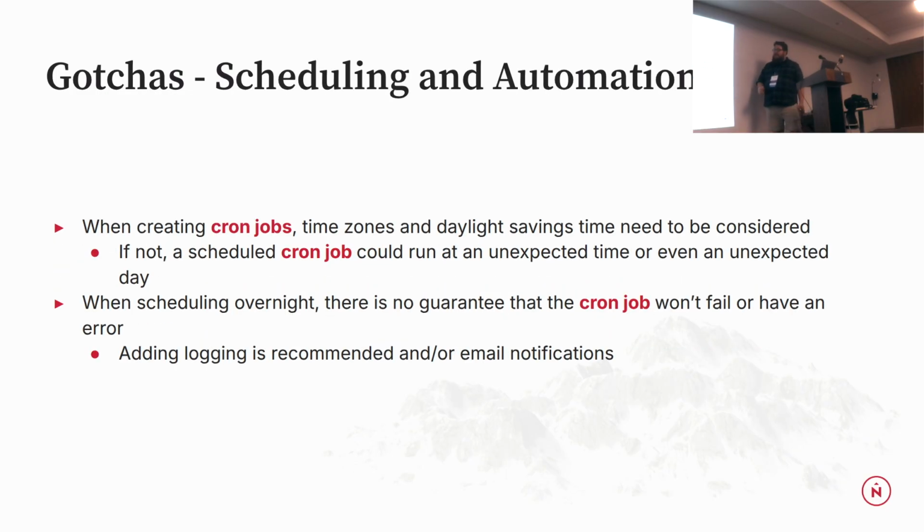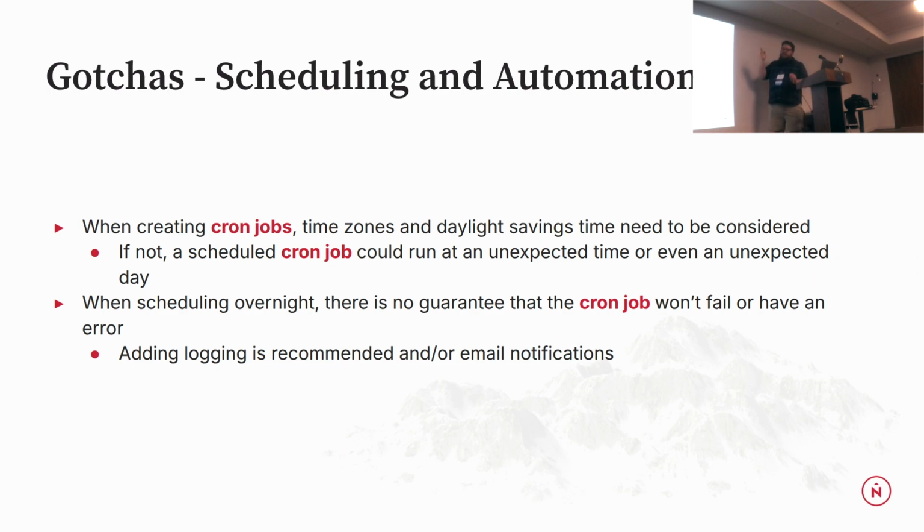Some scheduling and automation gotchas. When you're creating them, time zones, shout out to Martin for time, because he mentioned it in his talk, and daylight savings time need to be considered. I've had times where I'm scheduling something and I'm thinking, oh yeah, EST, but you're putting it in and that system is thinking, oh, I'm UTC, right?